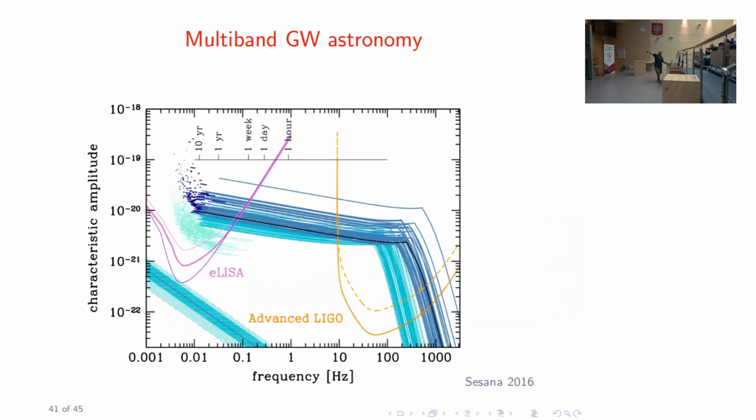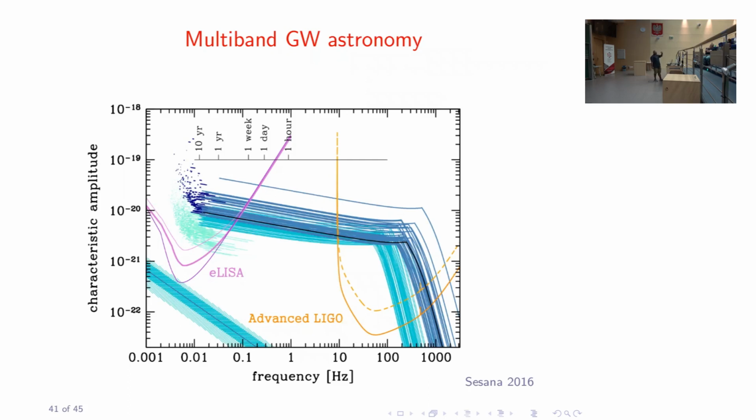So it is possible that you can see a certain source in LISA, the very early inspiral, and maybe a year or 10 years later the source leaves LISA and a year or 10 years later enters the LIGO-Virgo band. So if you already saw the source in LISA, you could predict that you are going to see it in the LIGO-Virgo band a year from now or 10 years from now, and then you see the merger.